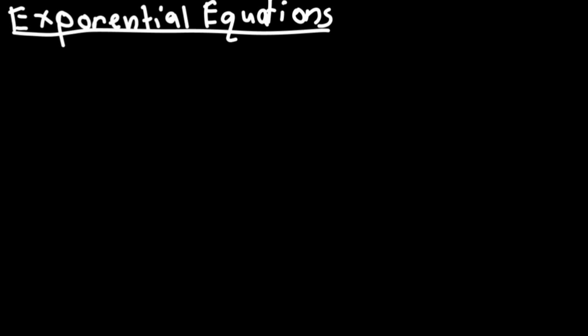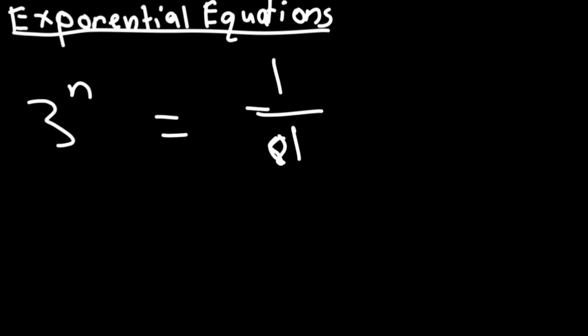So let's do another example such as 3 to the power of n is equal to 1 over 81. Oops, let me rewrite that. 1 over 81. And then it's asking me to solve for n. So what can I do here?